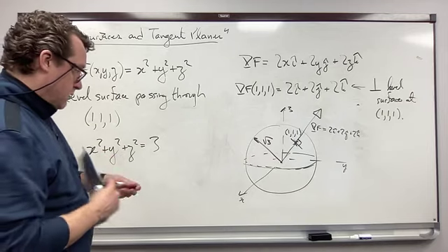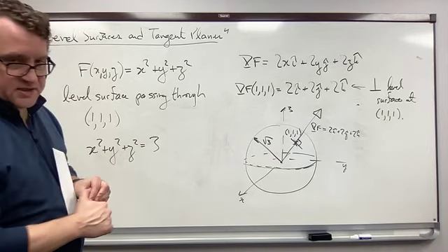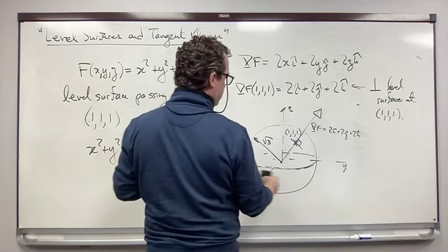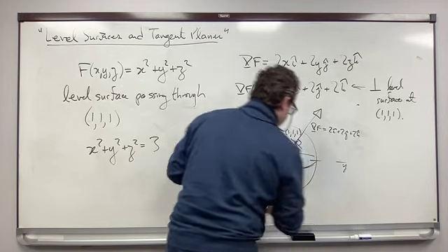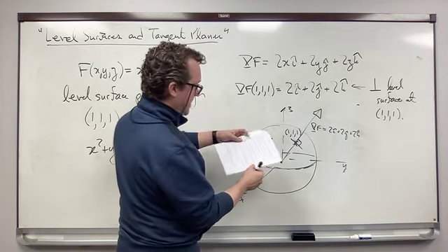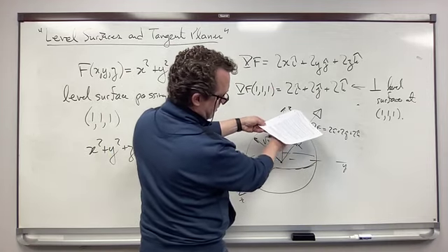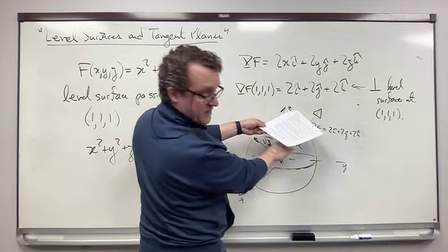Now I want to add a concept here, and that's the concept of a tangent plane. Almost like my piece of paper, that I want to lay right down along the sphere so it just touches it at that point.